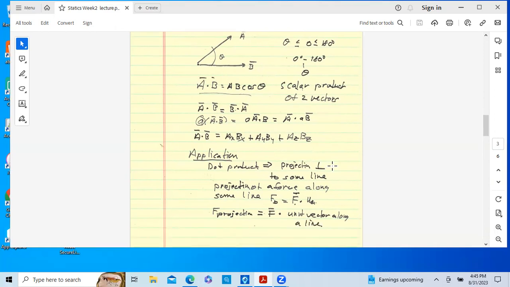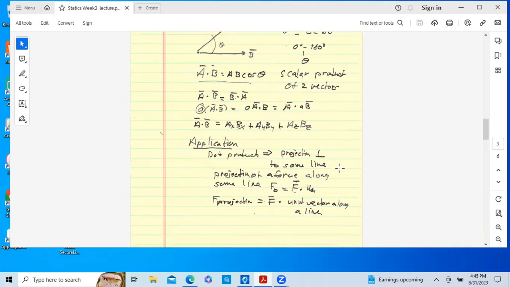A dot B is the same as B dot A, same value. You can multiply A dot B by some factor.